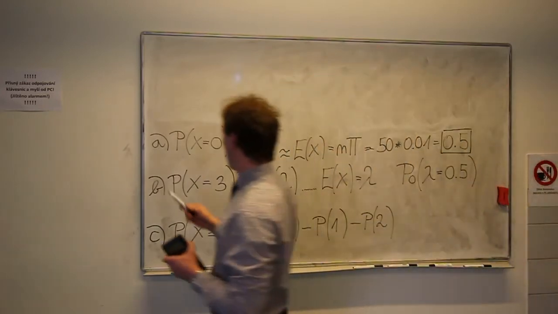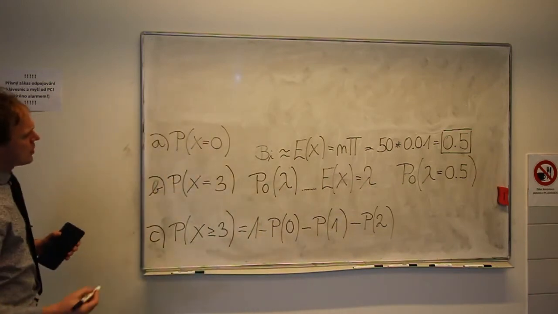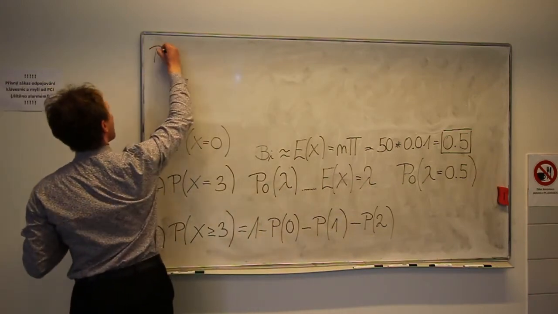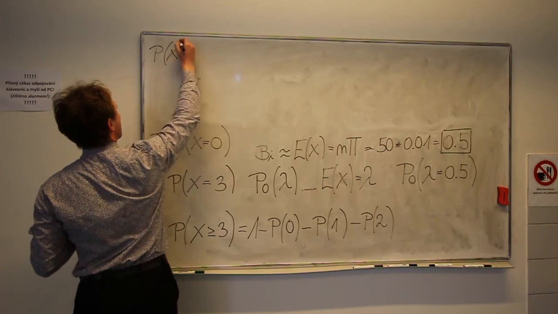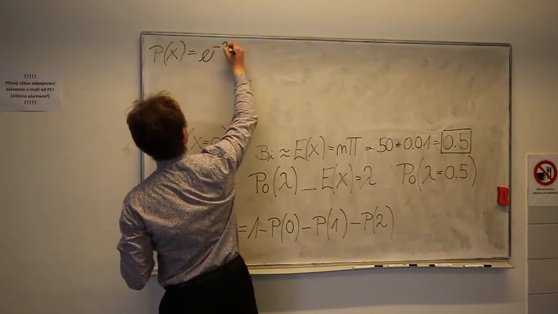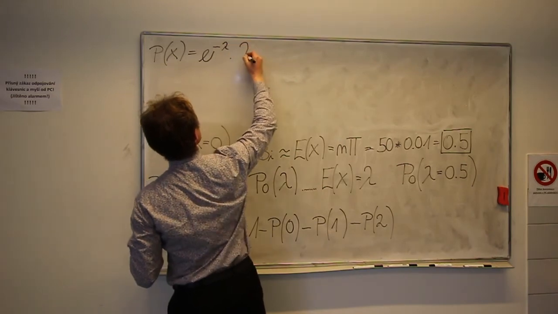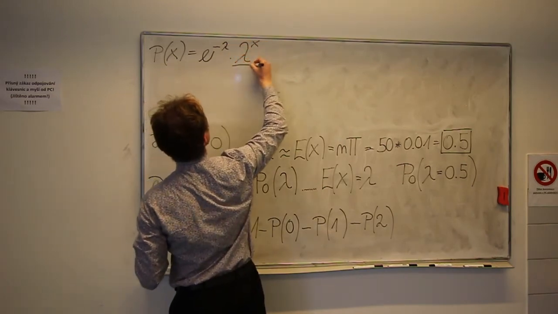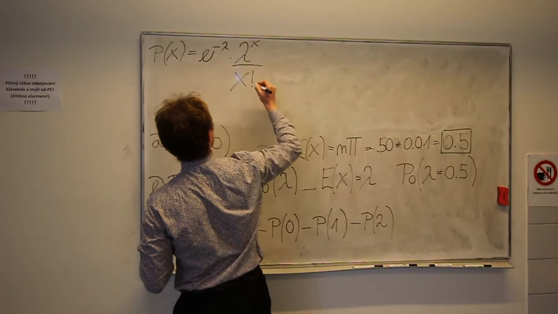So for example, again, this one. We know that probability function is equal to Euler powered by minus lambda times lambda powered by x divided by x factorial.